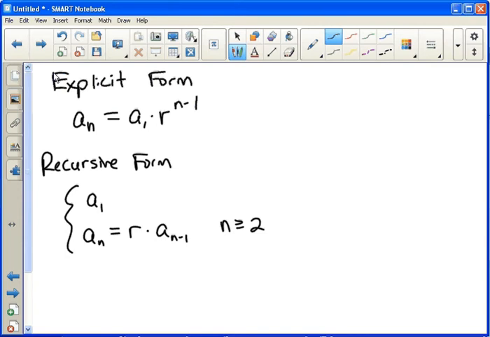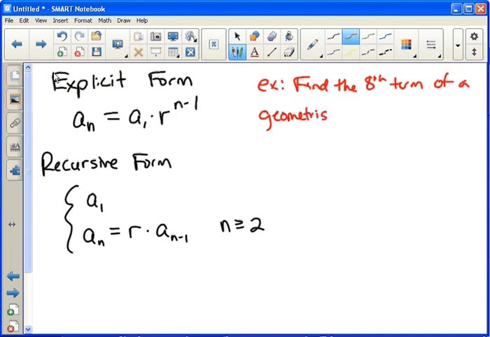Alright, so let's see how we can apply that. Let's say they wanted us to find the 8th term of a geometric series whose a1 equals -4 and whose common ratio, or r, equals -2.